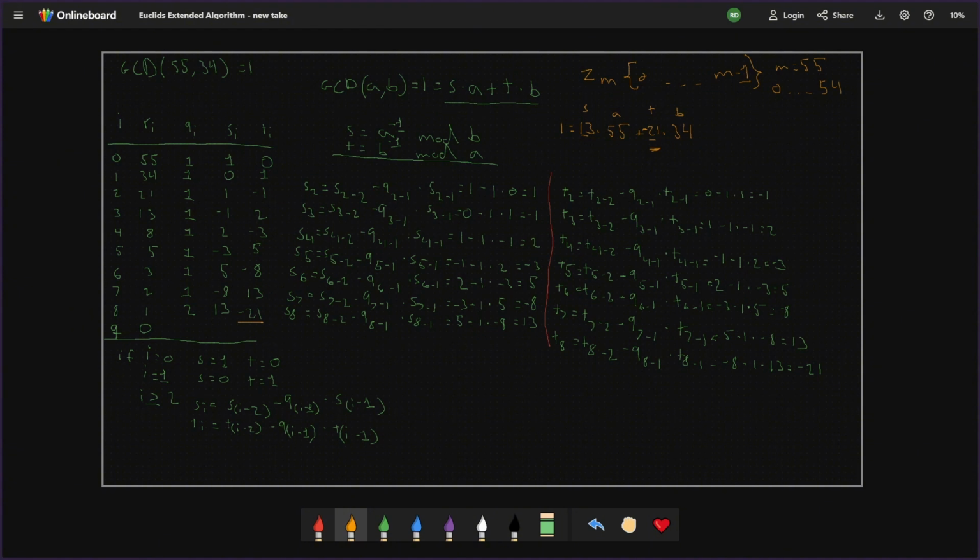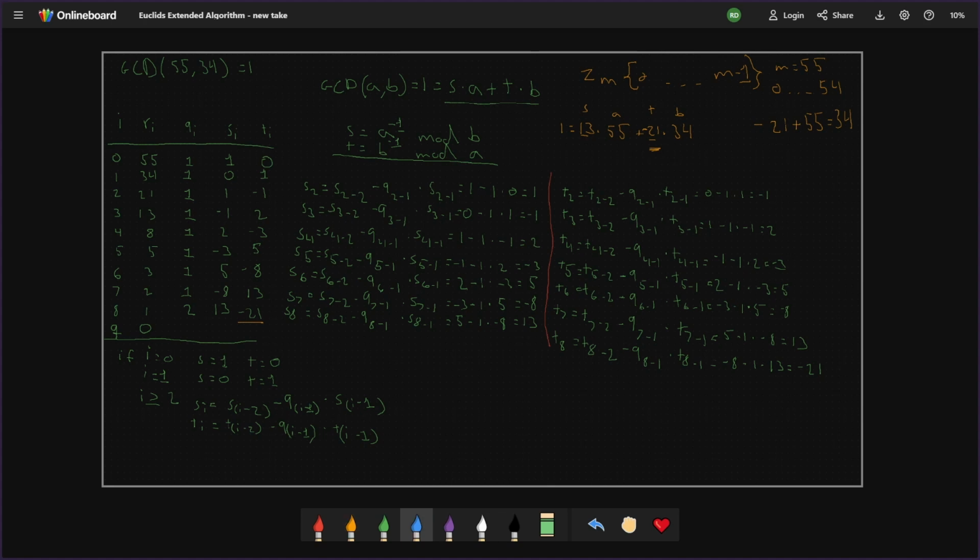But the way we get around that is we can use our modulo arithmetic and simply add 55 to -21. And -21 plus 55 is equal to 34. So it turns out that 34 is the multiplicative inverse of 34 modulo a.